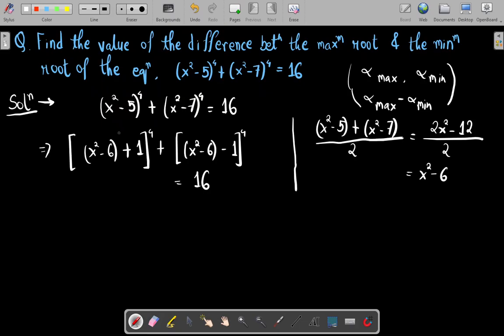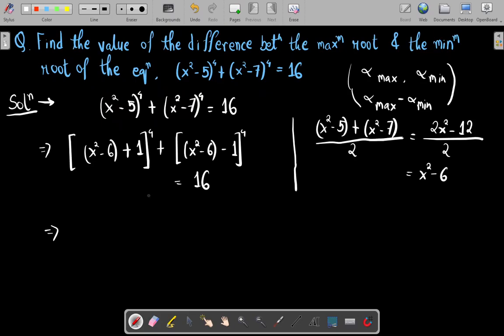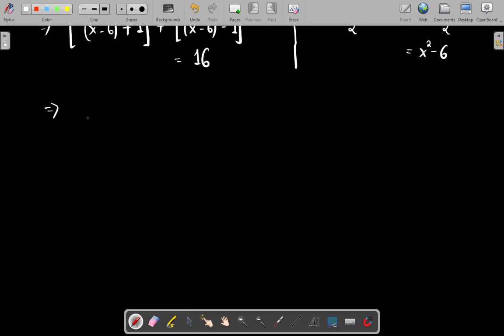If I substitute x² − 6 with y, then this becomes (y + 1)⁴ + (y − 1)⁴ = 16.